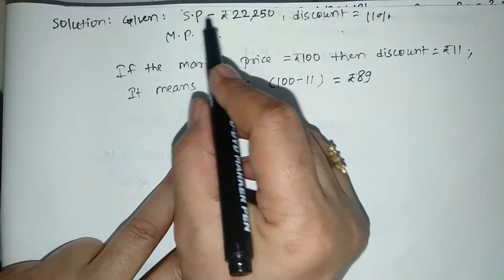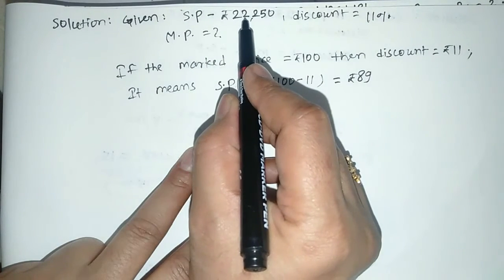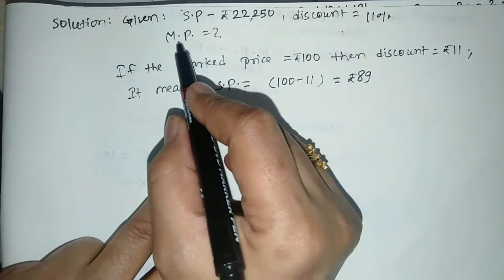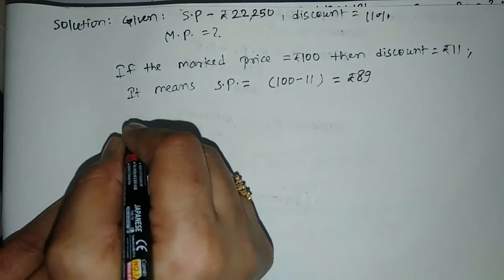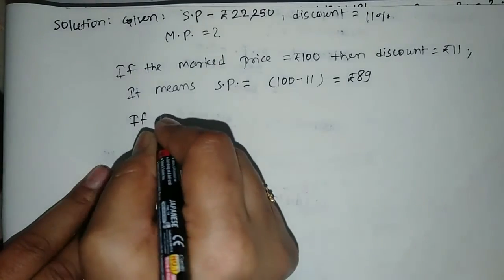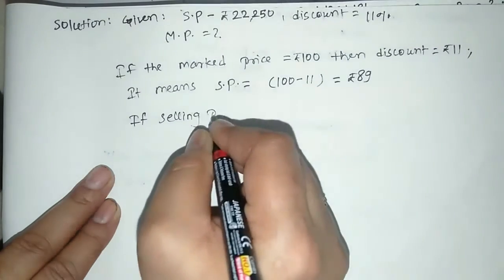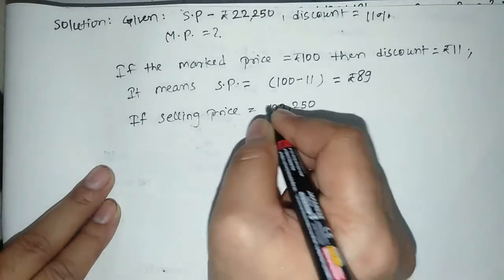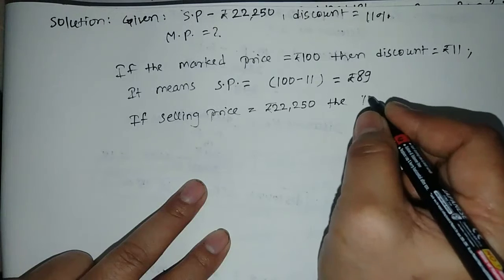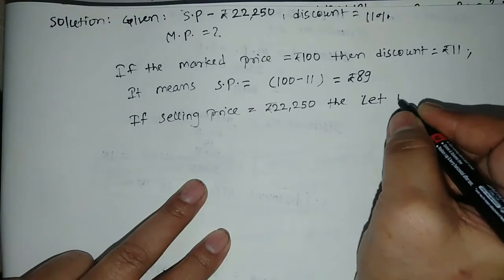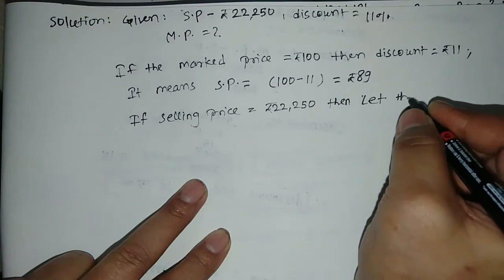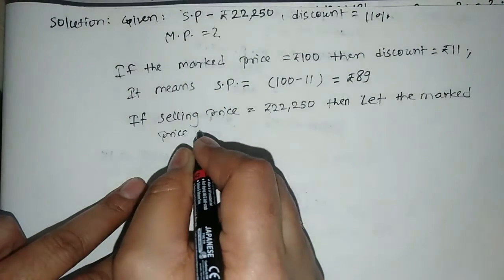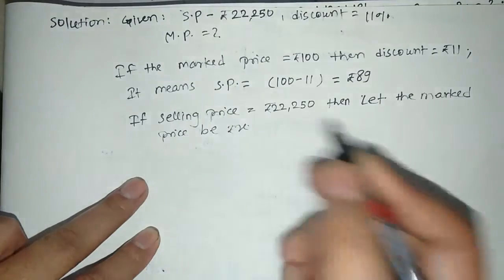Now when the selling price is equal to 22,250 rupees, then what is the mark price? So here assume if selling price is equal to 22,250 rupees, then let the mark price be X rupees, correct?